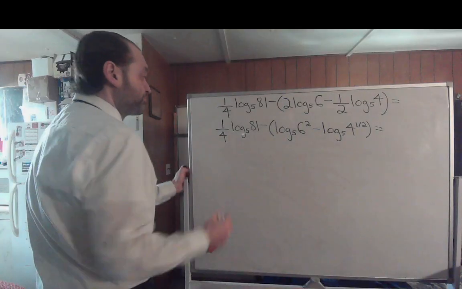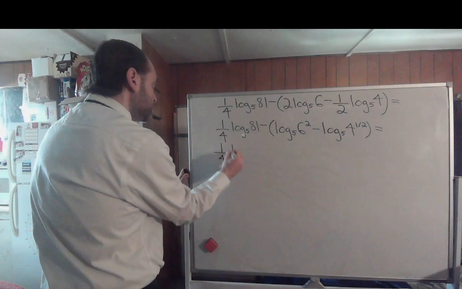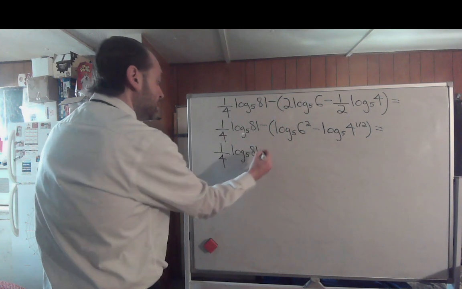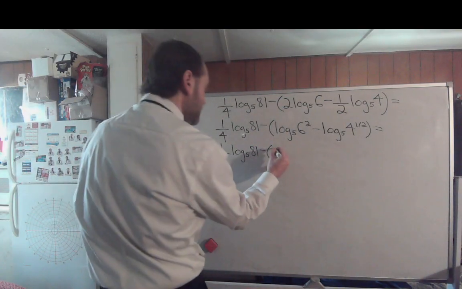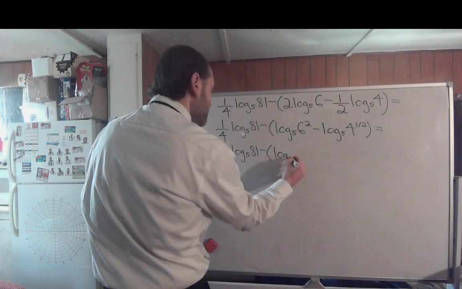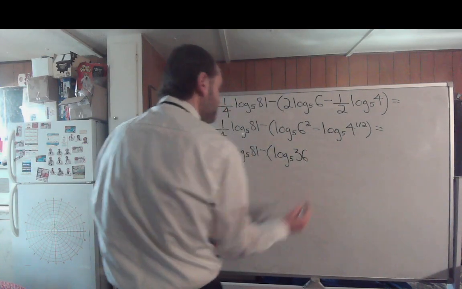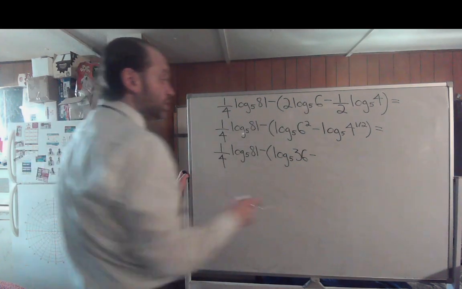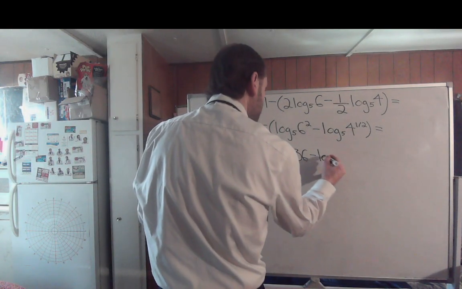Which we can simplify this a little bit further. You'll have 1/4 times log base 5 of 81 minus, all right, what's log base 5 of 6 squared? That's the same as log base 5 of 36 minus, okay, so what is log base 5 of 4 to the 1/2? That's the same as log base 5 of 2.